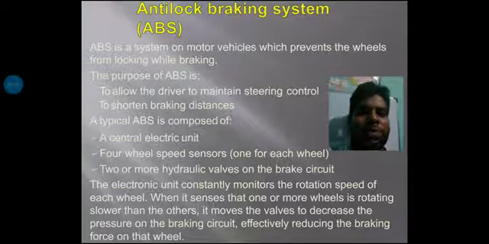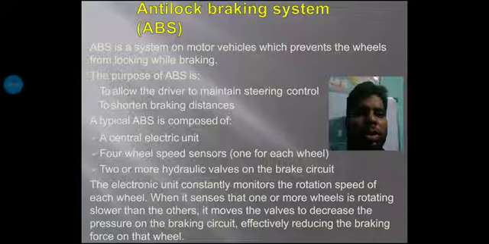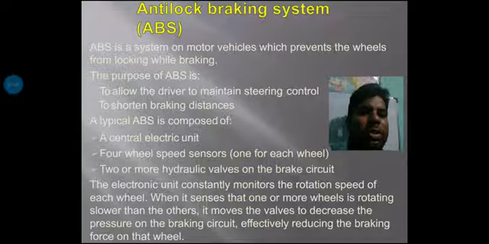Now, the electronic unit constantly monitors the rotational speed of the wheel, and when it senses that one or more wheels are rotating slower than the others, it moves the valves to decrease the pressure on the braking circuit, effectively reducing the braking force on that wheel.